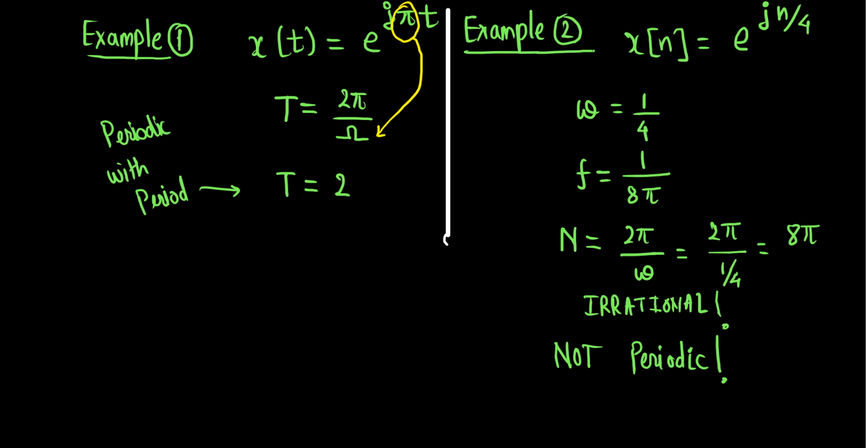The point that we should note here is that the continuous time complex exponentials are always periodic. Let's take another example, example 3.